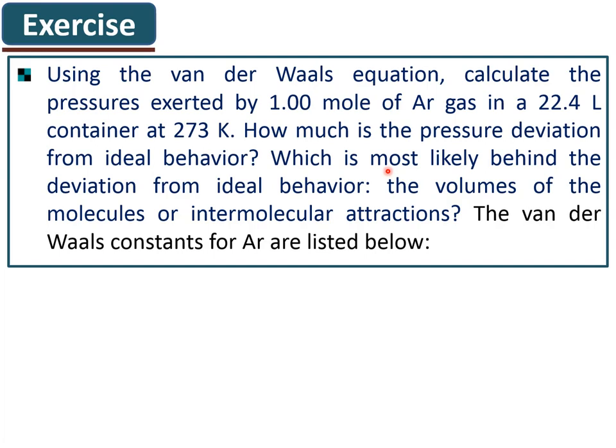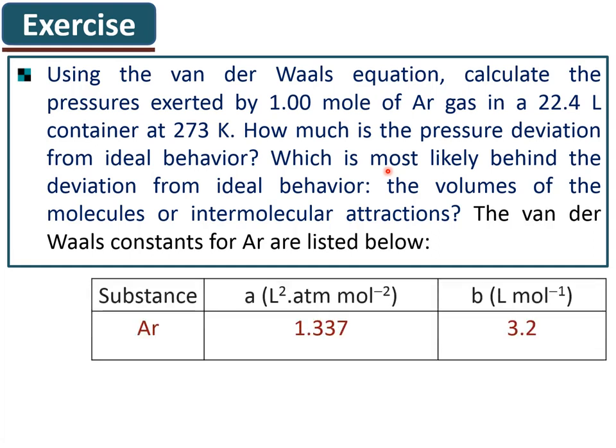Okay? So it's asking now to calculate both of them, the ideal and the real. Okay? How can you calculate the real pressure? You apply in the van der Waals equation. So what do you need to calculate the pressure in van der Waals equation? You need the constants.